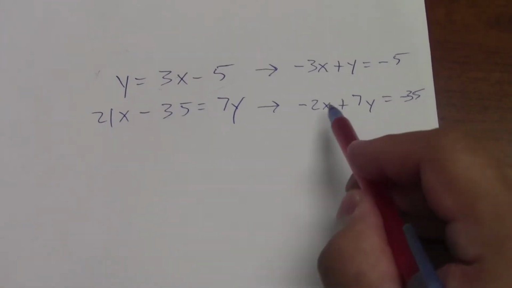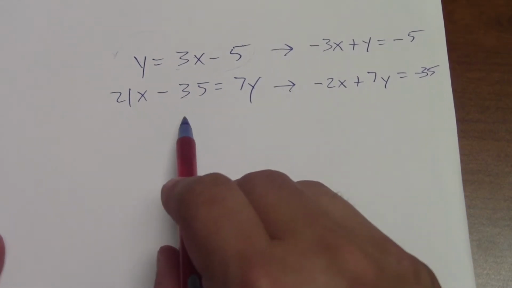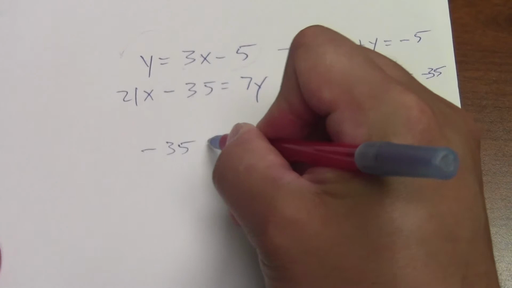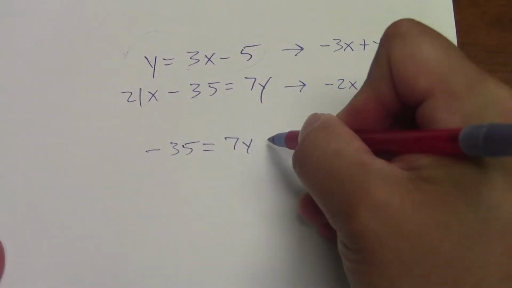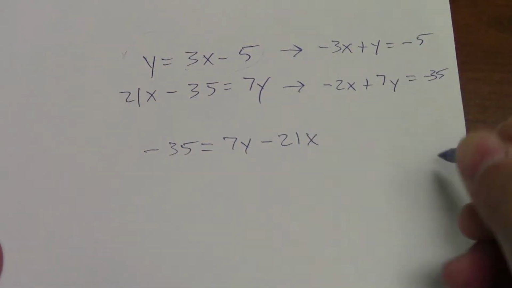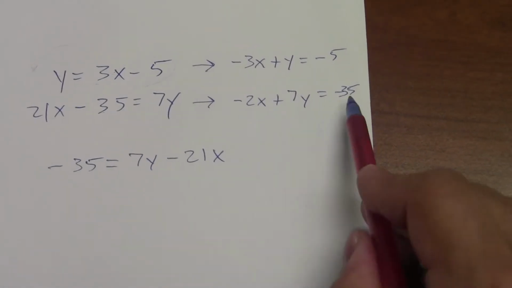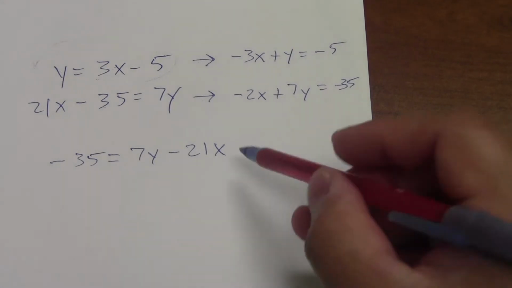I kind of just reshuffled it. If I was looking at this problem in reality, it would be minus 35 equals 7y minus 21x. It's the same thing. I just put it in a better format.